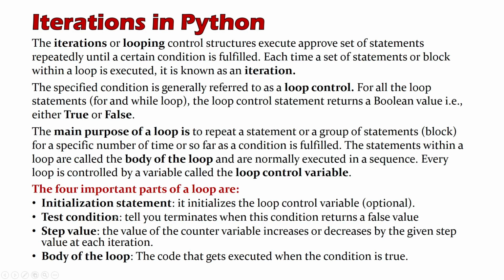Then the step value, which will increase or decrease the loop control variable as required. The value of the counter variable increases or decreases by the given step at each iteration depending upon the condition you want. If you are beginning with a very large initial number, you can also use decrement in the step value. The body of the loop will be the code that gets executed when the condition is true.